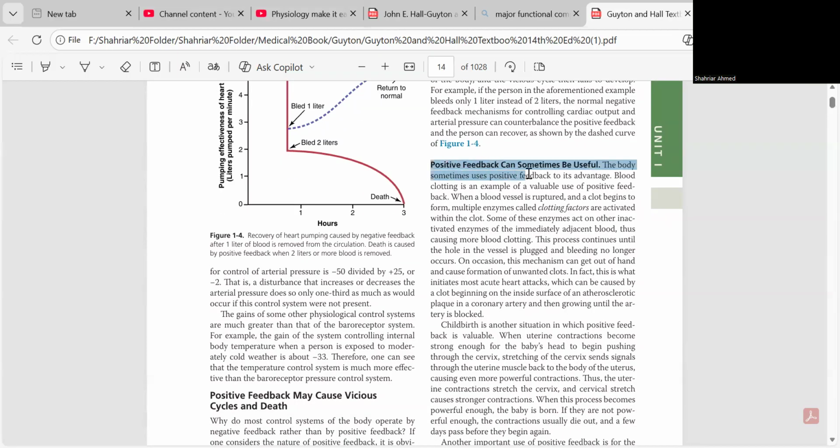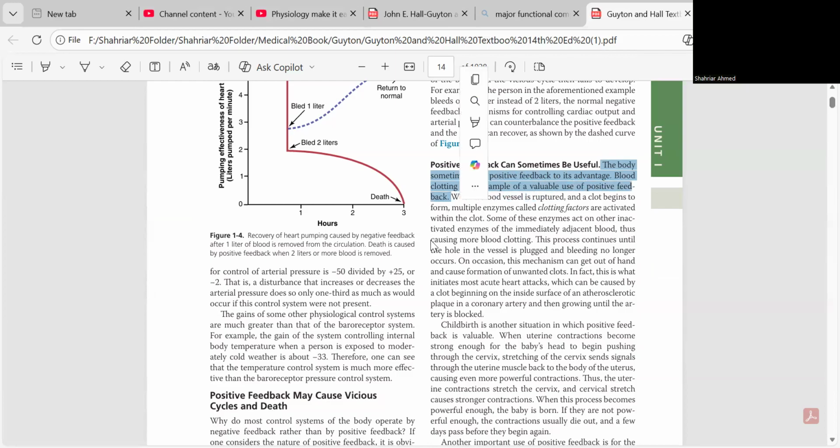Positive feedback can sometimes be useful. How? The body sometimes uses positive feedback to its advantage. Blood clotting is an example of a valuable use of positive feedback.